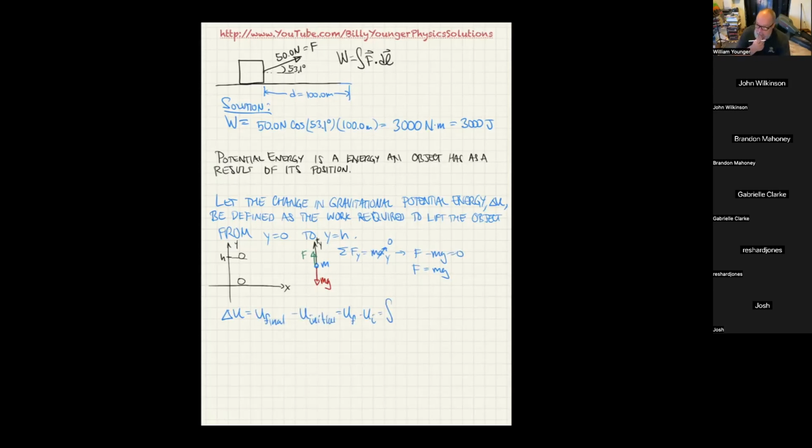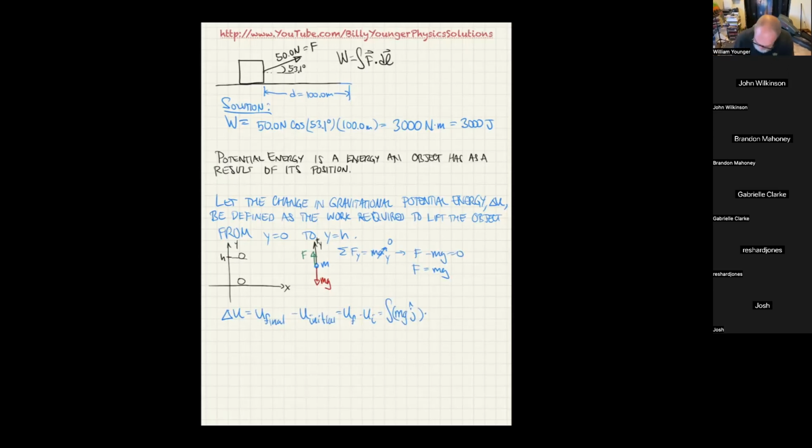So that's the work I'm putting into the system. And that points in the upward direction, but it clearly has a magnitude of mg. So I'm going to say it's mg in the j hat direction. So that's my force. And in this case, it's actually not going to change. I didn't actually technically have to do an integral here, but later you'll see when I do a spring, it will have to use an integral, and it's best to know how.